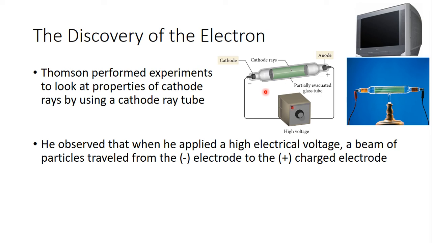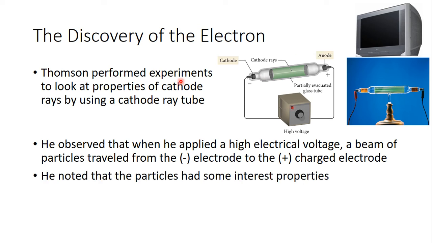Now, with this experiment, he had his cathode ray tube and he had some way to give it voltage. And what he saw was when there was voltage being given, a beam of particles always traveled from the negative cathode to the positive anode. Now, for these particles, there are some interesting properties.